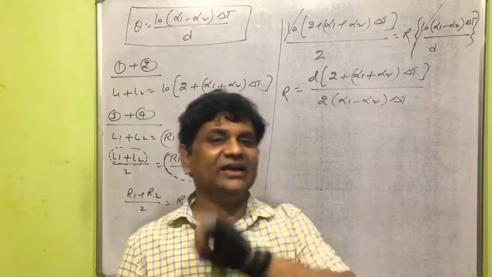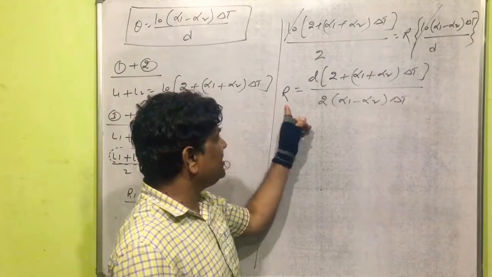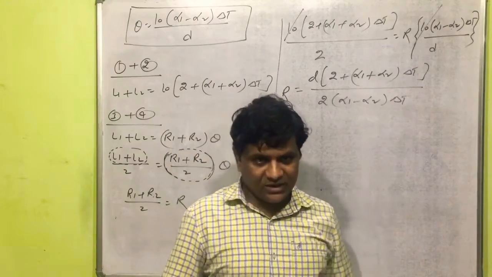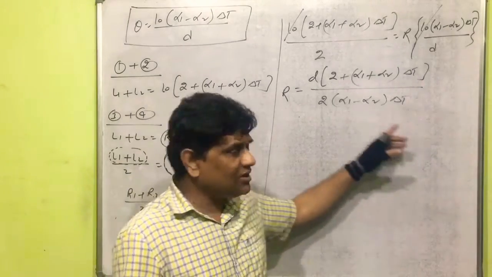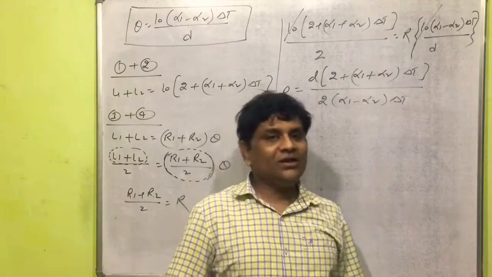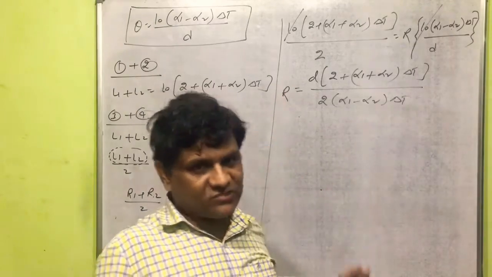Now the question arises again: is the mean radius directly proportional to delta T or inversely proportional to delta T? This is the doubt here. We can simplify this relation.